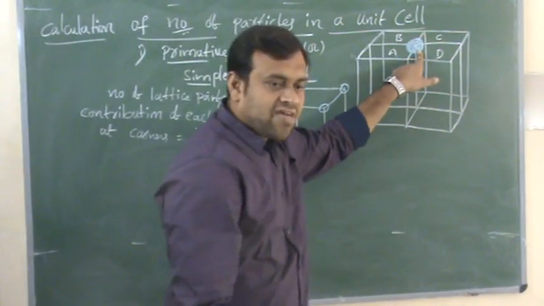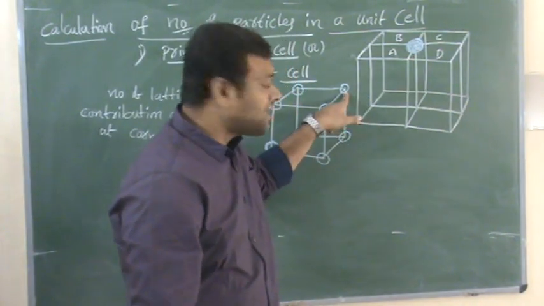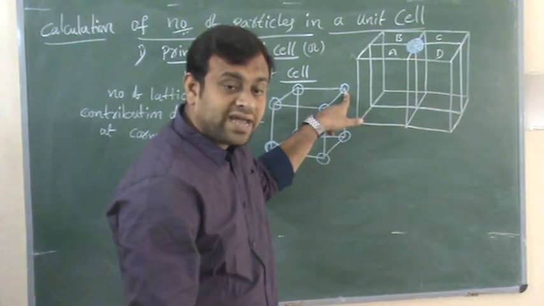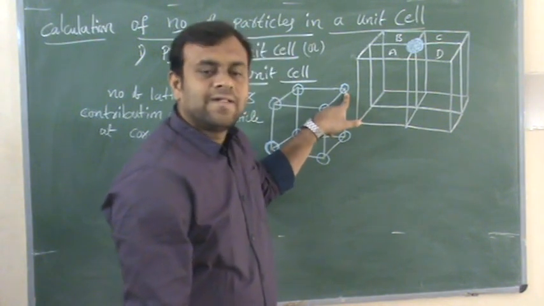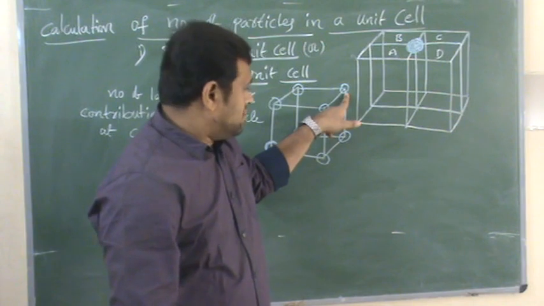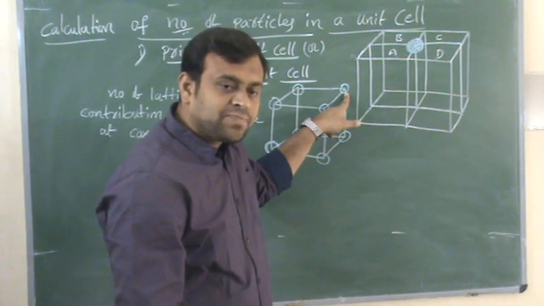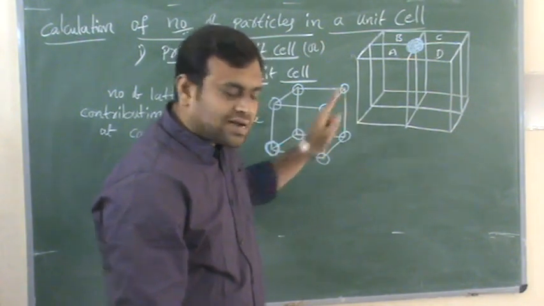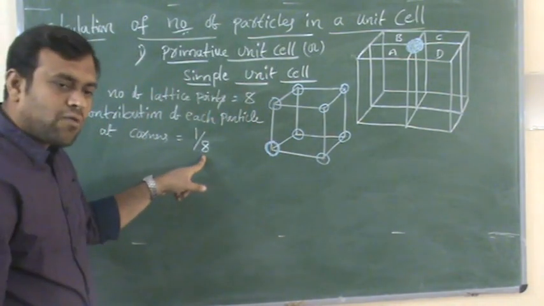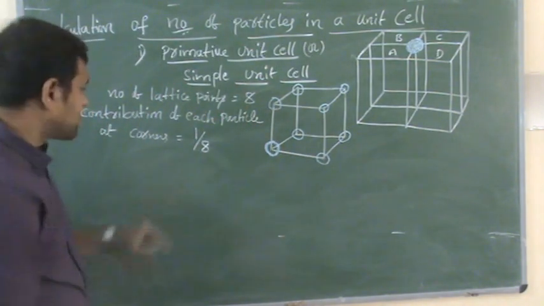The particle present at a corner is shared by 8 unit cells. Therefore, the contribution of each particle present at a corner is how much? 1 by 8.